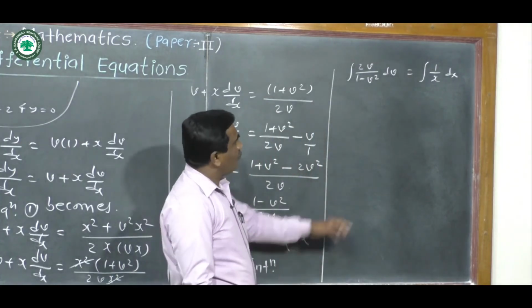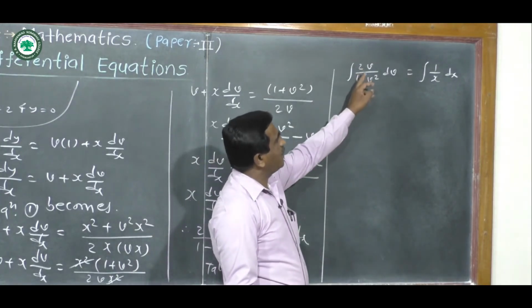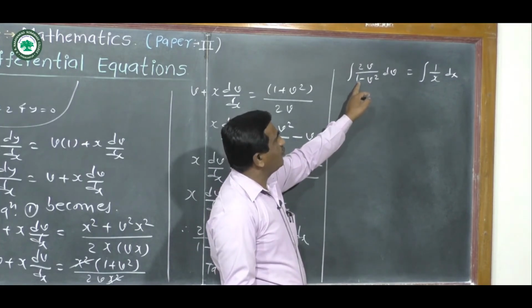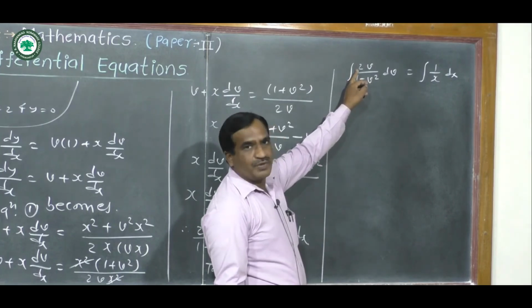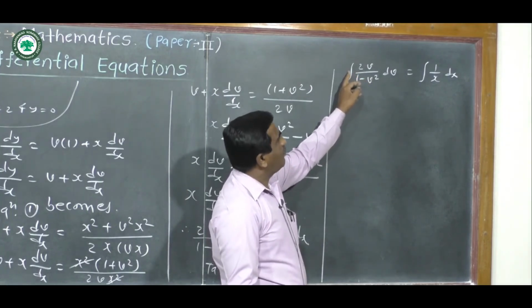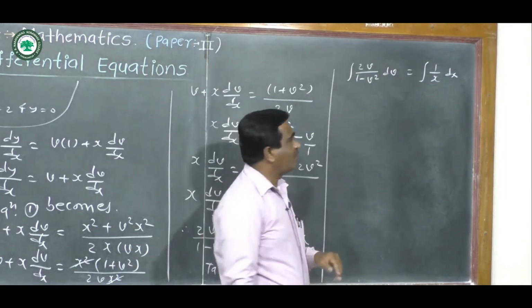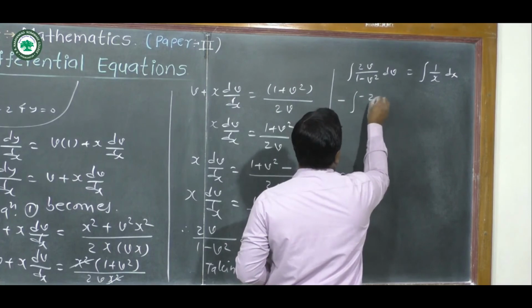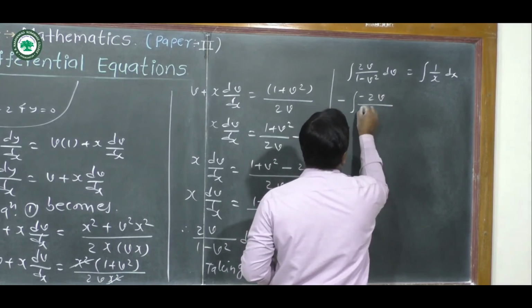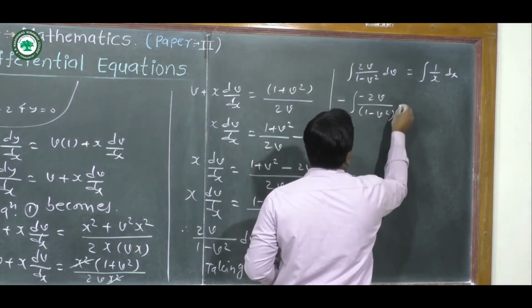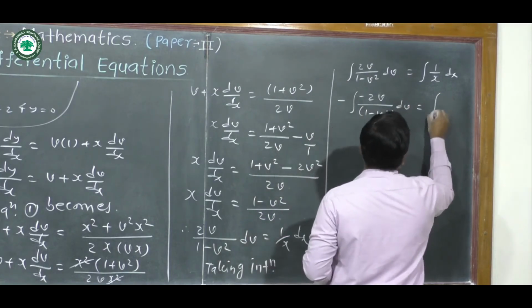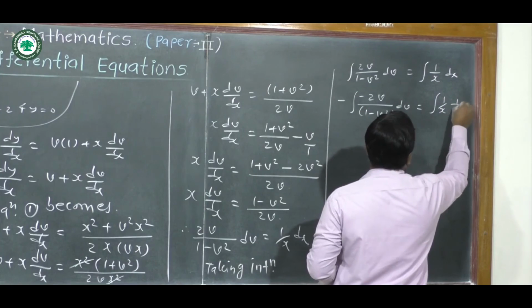Now here also we want the derivative of denominator at numerator. Derivative of denominator is 1, derivative of 1 is 0, 0 minus 2v. We want here minus 2v, therefore multiply numerator and denominator by minus 1 here. We can write minus into integral of minus 2v upon 1 minus v square into dv is equal to integral of 1 upon x into dx.